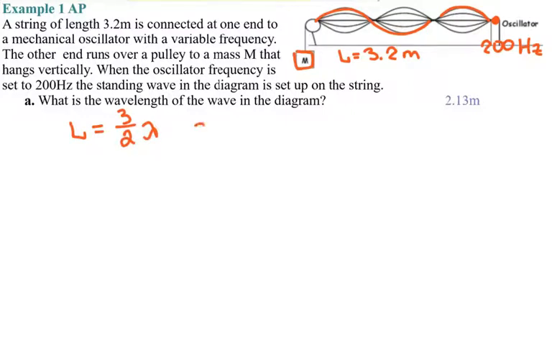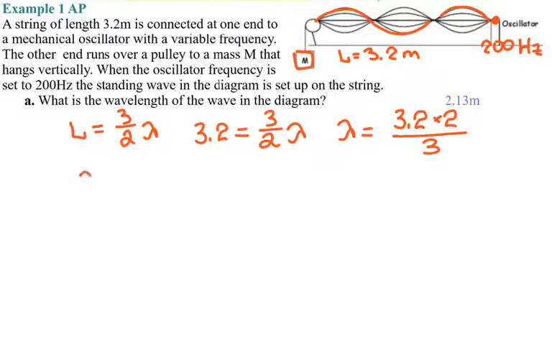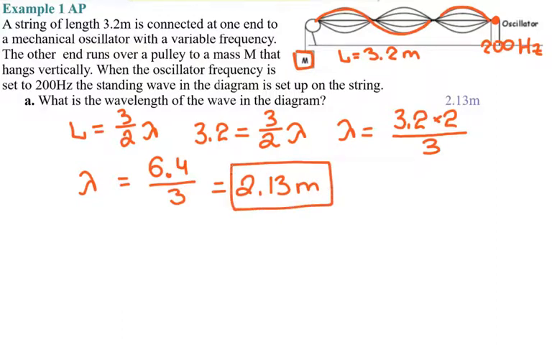L is 3.2 equals 3/2 of the wavelength. So the wavelength is equal to 3.2 times 2 over 3. So the wavelength is equal to 6.4 divided by 3, and that gives me 2.13 meters. So that is my wavelength.